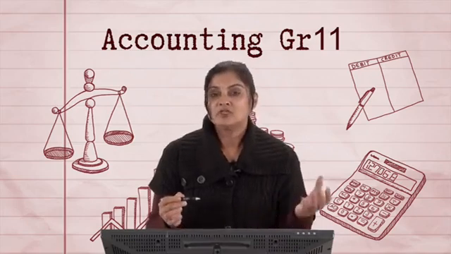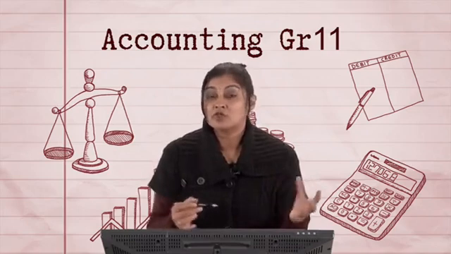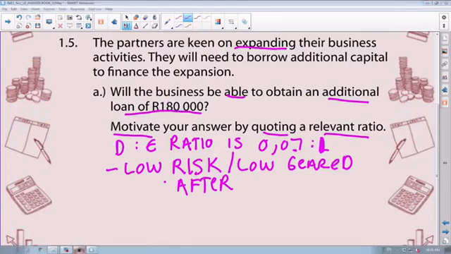Remember, often students like to double check, or sometimes the question will ask you to also show an additional calculation. So in other words, even after taking out an additional loan, so if the business does take out an additional loan of 180,000, we need to check whether the business will be low risk. So if we have to look at this calculation after taking out the additional loan, let's just go back to our information, okay?